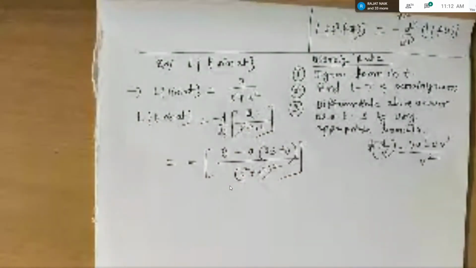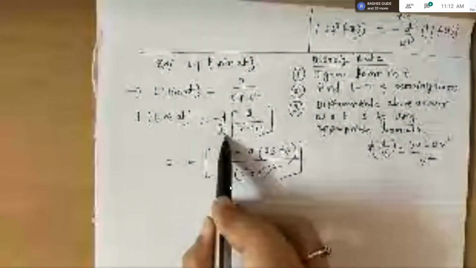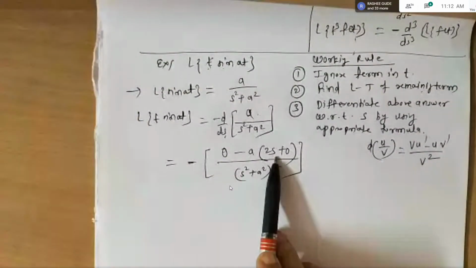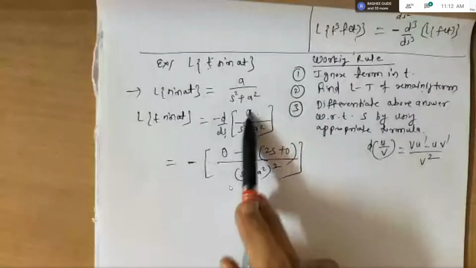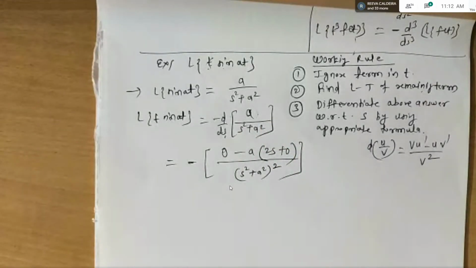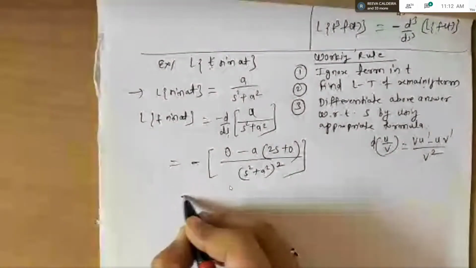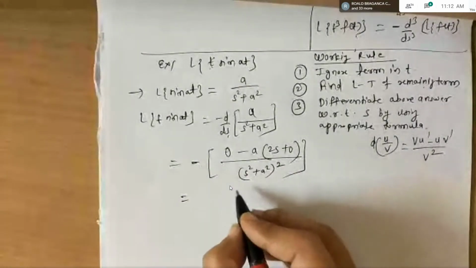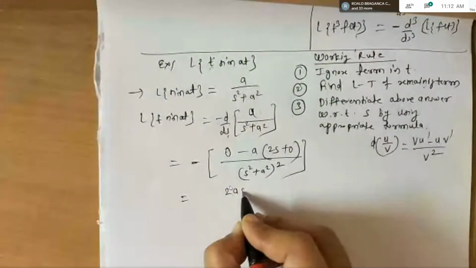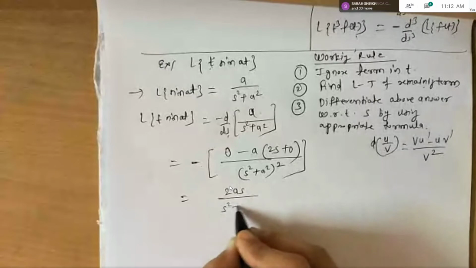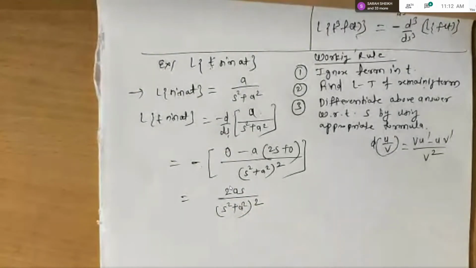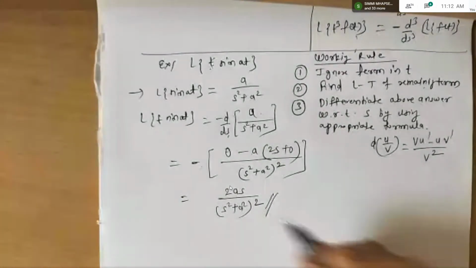Simple u by v formula I have used. With respect to s, the derivative of s square is 2s. So minus into minus is plus. What you get here is 2as upon s square plus a square the whole square. No need to expand because nothing is getting cancelled. This will be your answer.